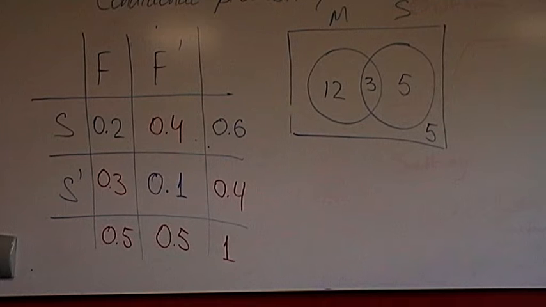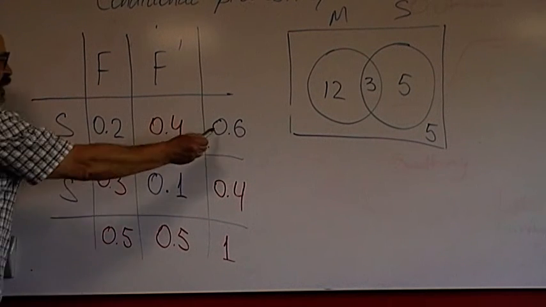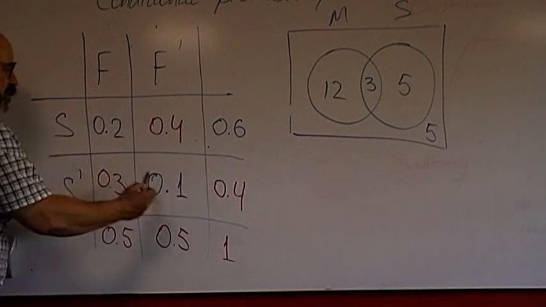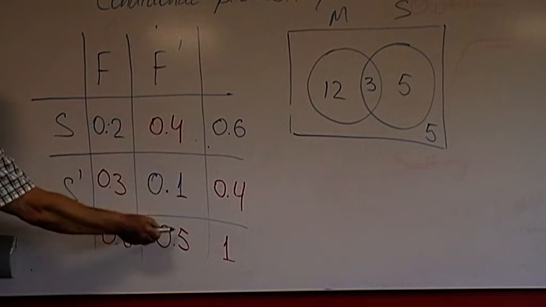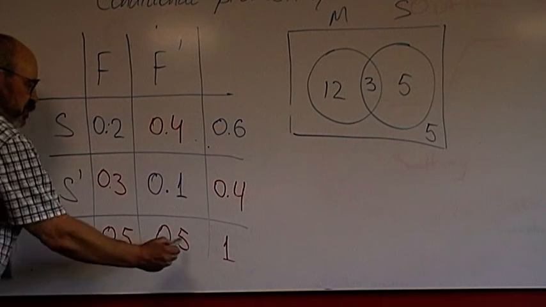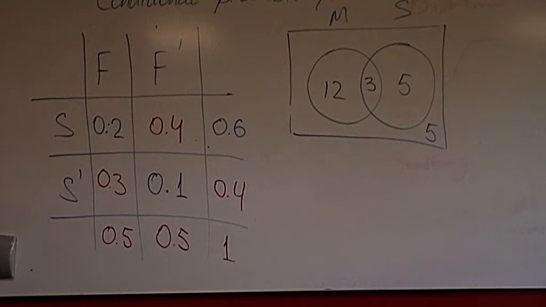It will always be 3 numbers from which you can work out all the others, because these 2 add up to these 2, which add up to here, and these 2 add up to 1. So you can just work it out in fractions or decimals. Make sense? Yeah.